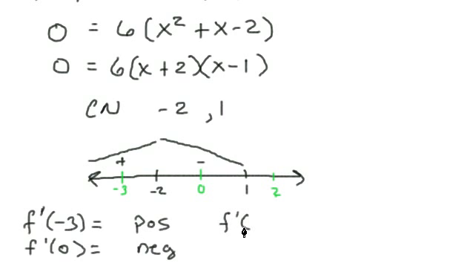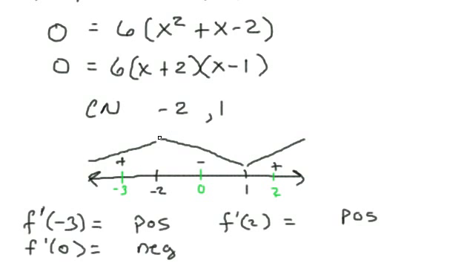So f prime of 2. Plug 2 in, you get 2 plus 2 is 4, and then 2 minus 1 is 1, and you get a positive times a positive, so that becomes a positive number. And I'm going to put a little plus sign here over our critical number, and then a line going up indicating that the function is increasing.